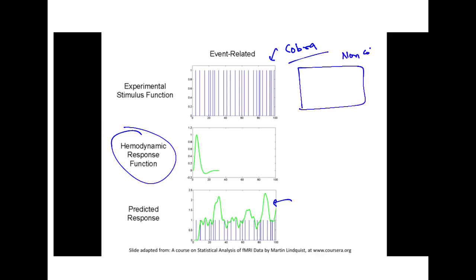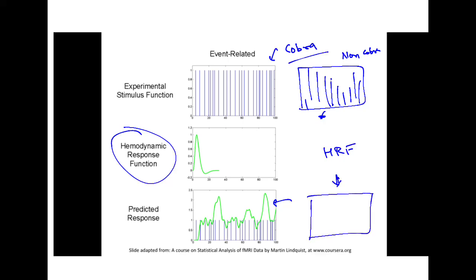You'll have these presentations for the non-cobra. Again, you convolve with the hemodynamic response function, which is the same. And this will give you another time series, which will be different from the first one. So this gives you the expected bold response for the non-cobra. Then you are going to look at the difference and compare which voxels are more correlated with cobra images.